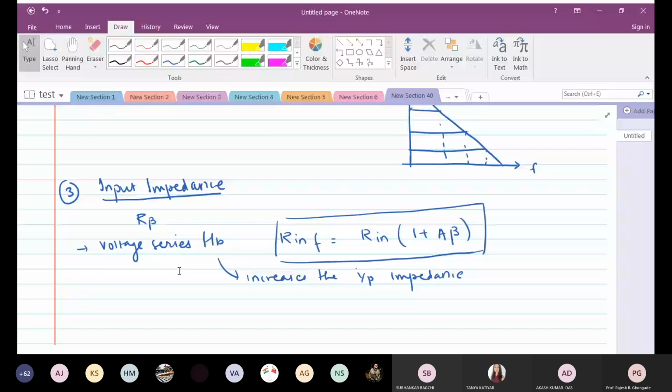Let it be wrong. Sir, bad thing. Do you remember once when I said for an ideal voltage amplifier, input impedance should be equal to infinite, and output impedance should be equal to 0? So if I have the feedback, if input impedance increases, whether it is going towards the better side or the worse side.